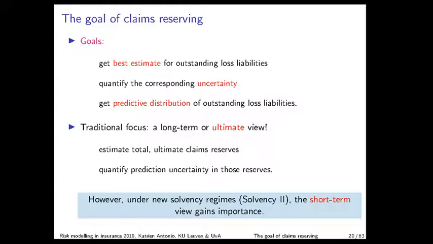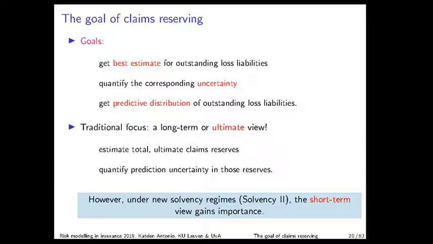Traditionally, the literature on claims reserving took a long-term or ultimate perspective, with focus on estimating the cash flows over the complete runoff of the portfolio and measuring the corresponding uncertainty in these cash flow predictions. However, with the introduction of Solvency II, focus is no longer exclusively on this ultimate claim amount, but actuaries will also assess how reserve estimates change in the short term.